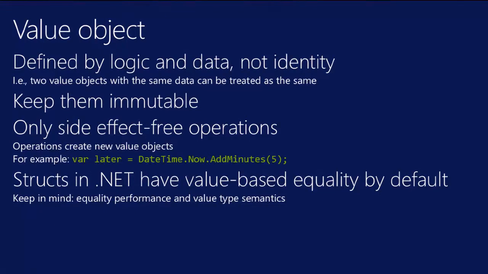For example, if you look at System.ValueType, which any struct will automatically inherit from, in Reflector or .peek, you will see that the equality comparisons are based on reflection. So there might be a performance hit if you have a big value object. But it's easy enough to create your own Equals and GetHashCode. And there are, of course, value type semantics, allocation on the stack instead of the heap, and so on and so on. But it's a good starting point for creating value objects.